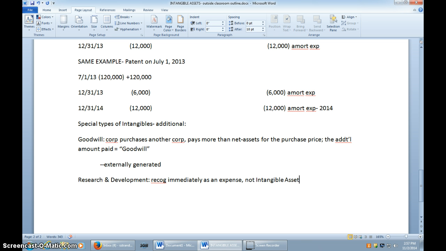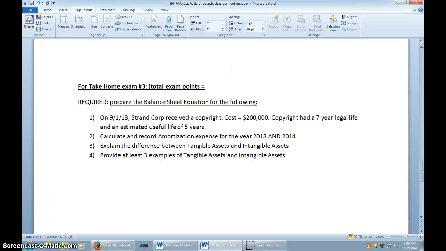So I just want to mention that because the chapter talks about research and development. It used to be that was an asset, but is now recognized as an expense, just like all our other types of expenses that show up on an income statement. Okay, that completes our lecture on intangible assets.